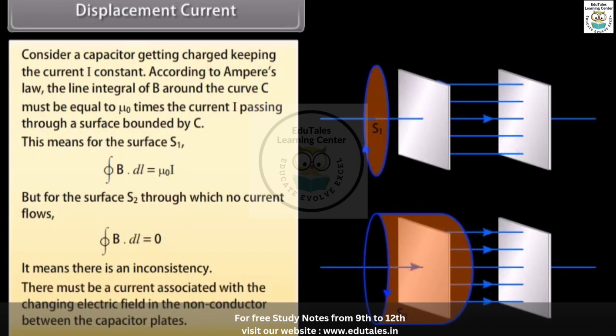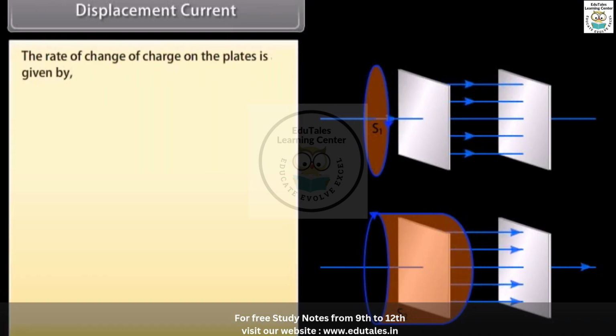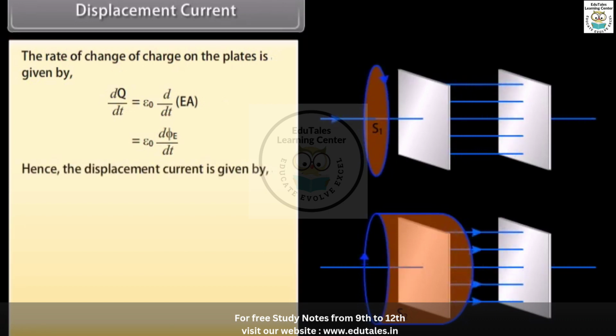There must be a current associated with the changing electric field in the non-conductor between the capacitor plates. The rate of change of charge on the plates is given by epsilon naught d upon dt of EA, which is equal to epsilon naught d phi E by dt. Hence, the displacement current is given by ID is equal to epsilon naught d phi E by dt.